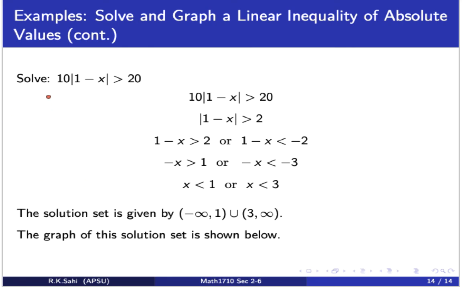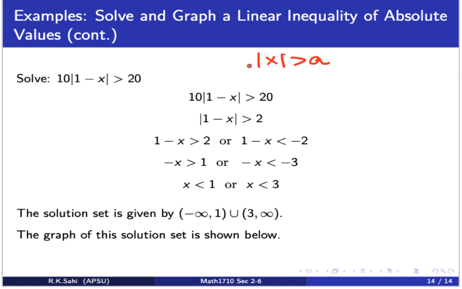Okay, here we have a problem: 10 multiplied by 1 minus x, strictly less than 20. Before we go ahead and apply this, we have to be very careful, because what is our formula saying? Our formula says absolute value of x strictly greater than a.